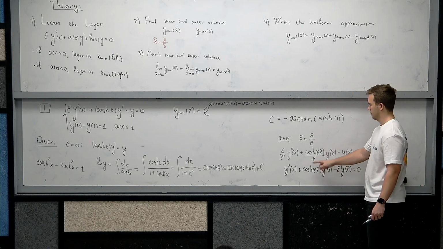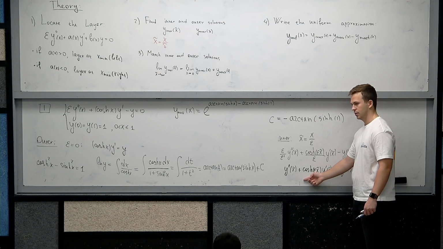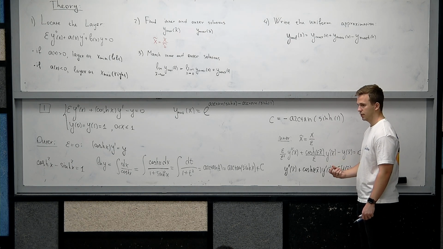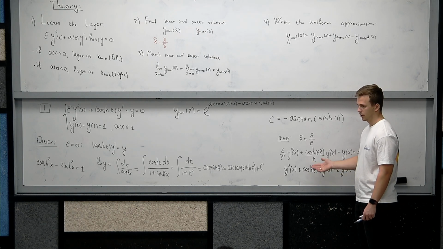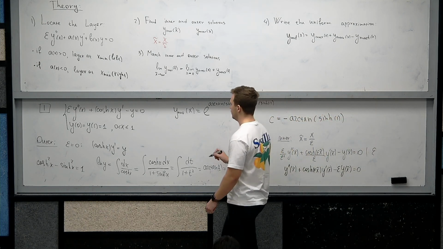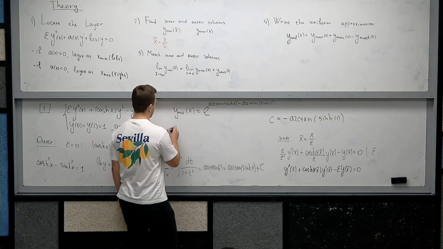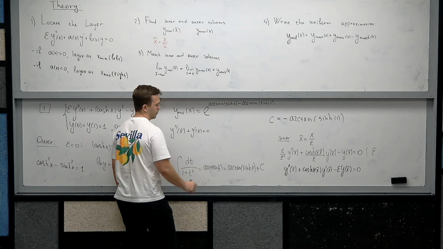Because x tilde is order 1 and epsilon is small, I can expand the hyperbolic function, and because we are only interested in the leading order approximation, for our purposes it's just 1. Okay, and therefore, for the leading order, I will have y double prime of x tilde plus y prime of x tilde equals 0.